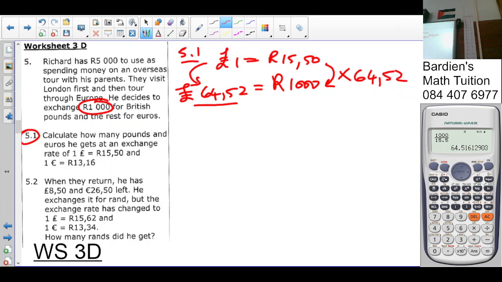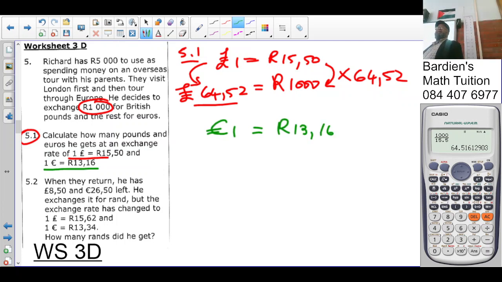On the other hand, they have €1 is equal to 13 rand and 16 cents. How many rands is he using for euros? 5,000 minus 1,000 is 4,000. So it's 4,000 rands for euros. How do I get from 13.16 to 4,000? Times by some number.